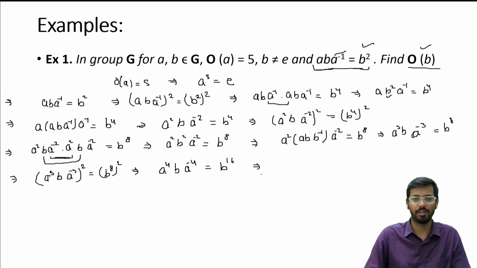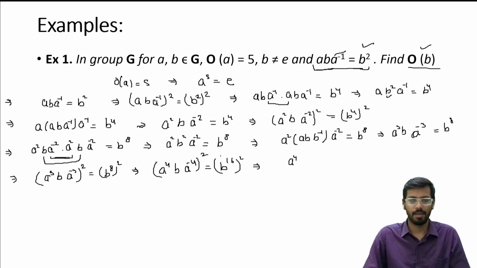Again take square on both sides, a raised to power 4, take the square on both sides now. That is equal to, again the power will go in the middle, a raised to power 4 b raised to power 2 a raised to power -4 that is equal to b raised to power 32.